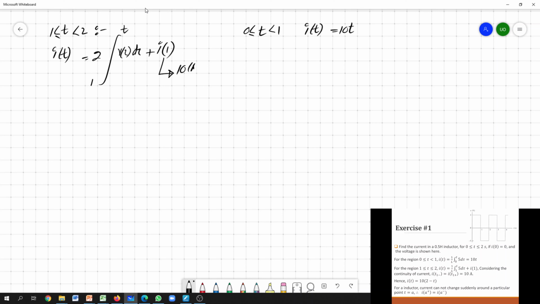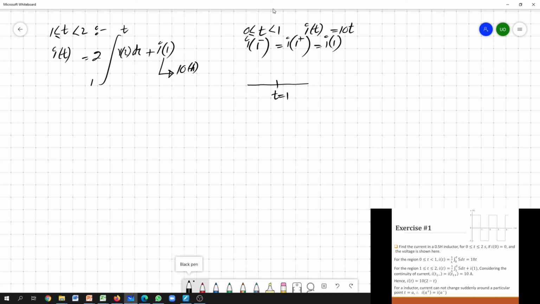We know that for inductors we cannot have sudden changes in the current or voltage. So we can assume that I1 minus equals I1 plus equals I1. This is at t equals 1.